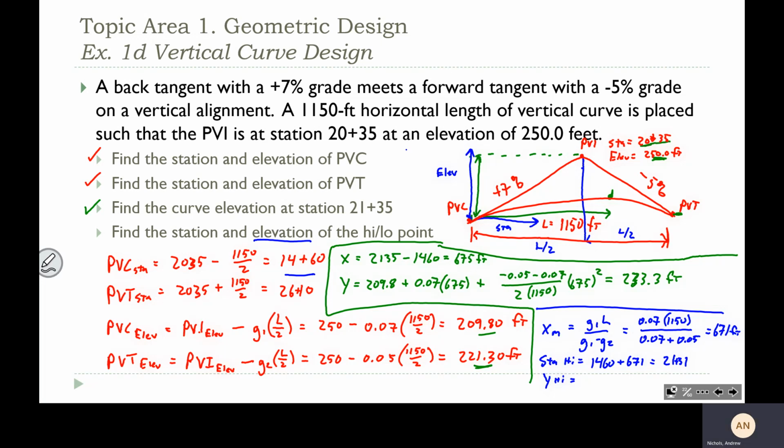The PVI is an actual intersection of these. So the PVI is either way up in the air or way down in the ground if it's a sag curve. Like you can't physically go to that point. So the PVI elevation is not the elevation of the curve at that location.